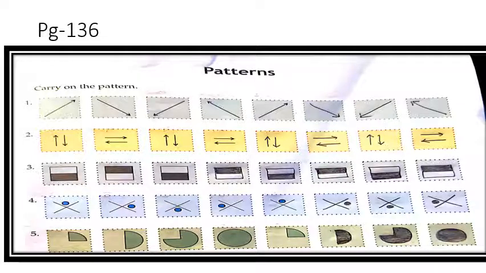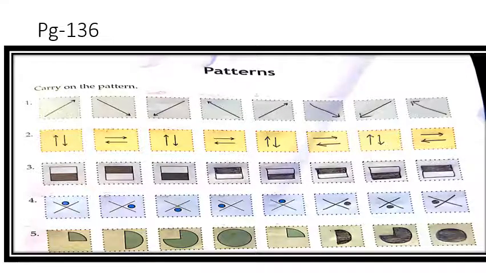Then children, you will notice that in the next box it is moving downwards but in the opposite direction. Then in the next box it is moving upward in the same direction.